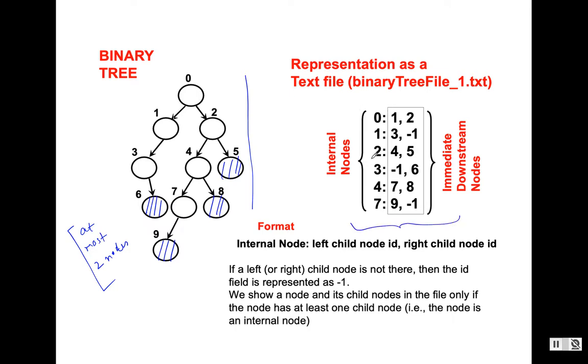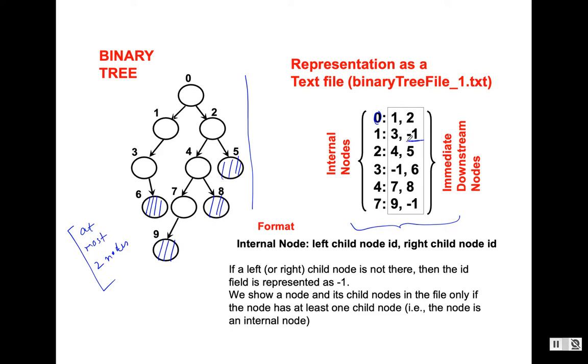Say for example, here node 0, the root node, will always have the id 0. Okay, so node 0 is the first node, so this is the root node. So node 0 has two children, 1 and 2. These are the ids of the nodes, so we are going to represent each of the nodes with a unique id. So node 1 has 3 and -1.